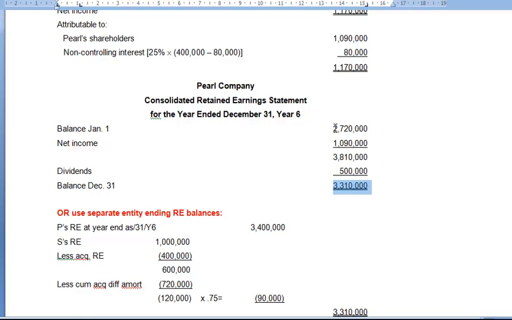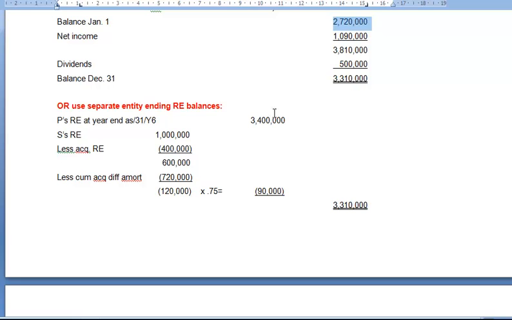The other way you could do it, if you didn't want to calculate the opening balance, or if you didn't need to for any reason, you could start with the parent's ending retained earnings balance at 12/31 year 6, which from our question is 3.4 million. Then we can look at the sub's retained earnings at the same date, take the post-acquisition amount of the sub's retained earnings and adjust it for the cumulative acquisition differential up to and including the end of year 6.